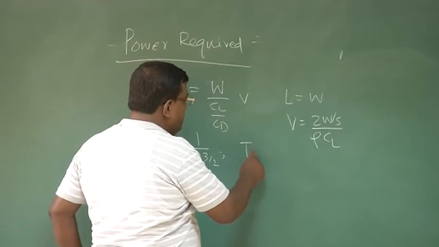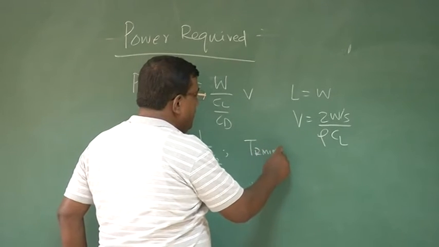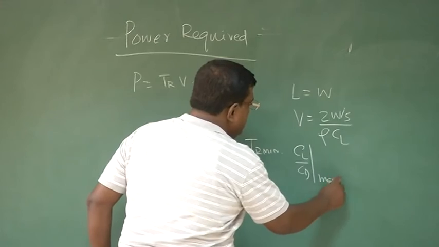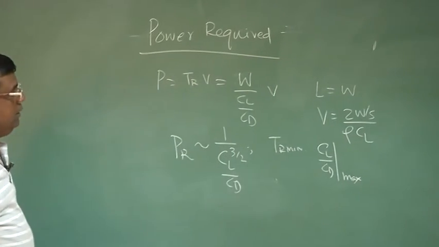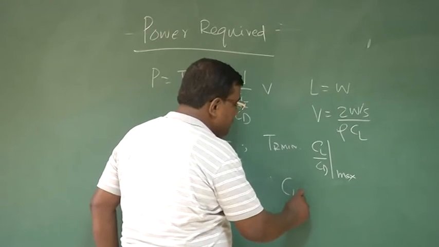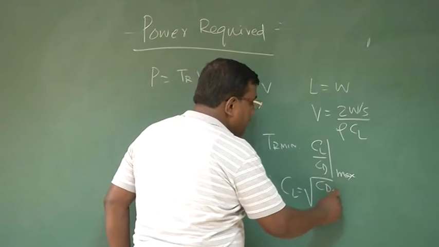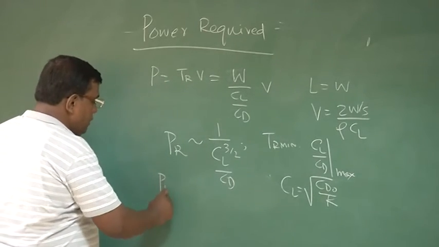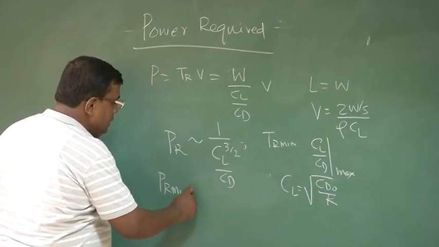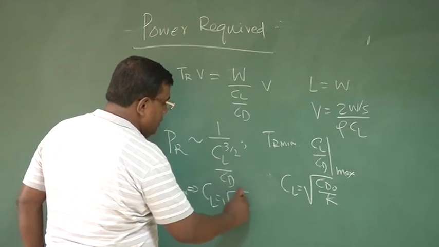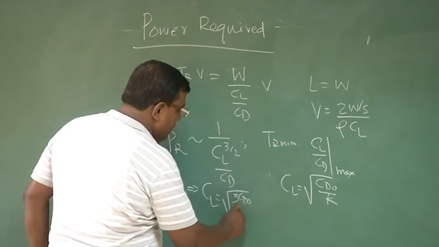Unlike for thrust required minimum, it was CL by CD maximum. And like for thrust required minimum, this translated into CL equal to under root CD naught by K, for power required minimum, we found this translated into CL equal to under root 3 CD naught by K.